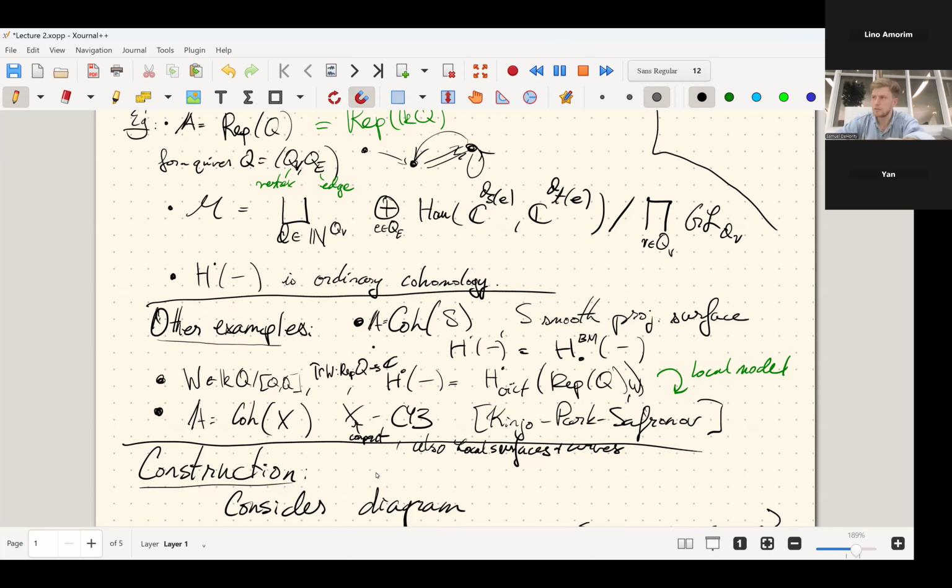Then you can ask about enumerative invariants and so on. But that story with TQFT is rather about Gromov-Witten, while CoHA is something about DT or PT invariants.